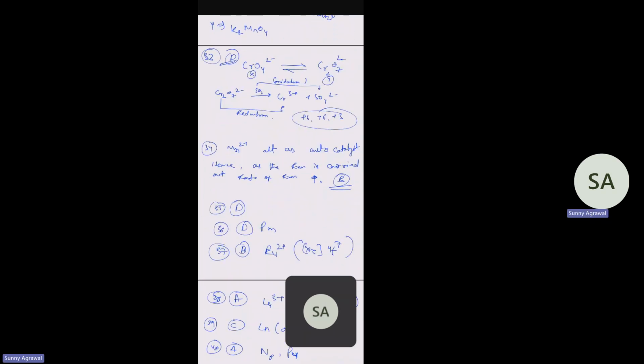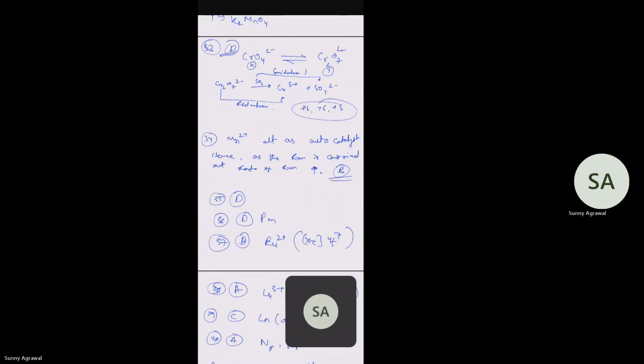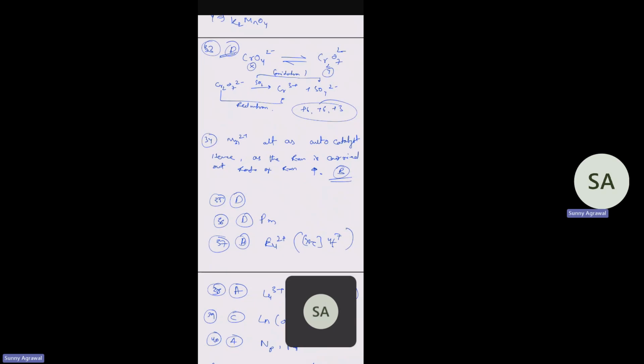Question number 33. X, Y, and Z are oxide ions of chromium. So we have to find out their oxidation states. Here we can see the reaction between X and Y is based on the medium, where one is acidic medium and the other is basic medium.